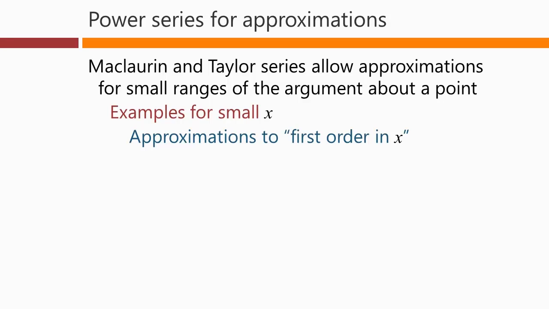Another important point about this whole notion here is that it helps us establish what we call the order of an approximation. So a first order approximation to 1 over 1 plus x, from our power series that we were looking at before, we could evaluate the power series of 1 over 1 plus x.